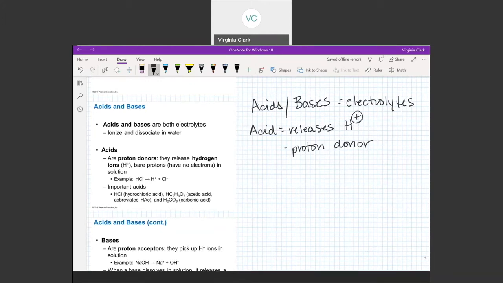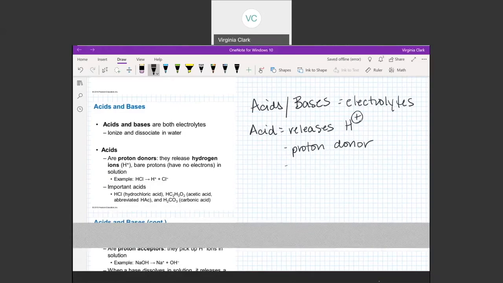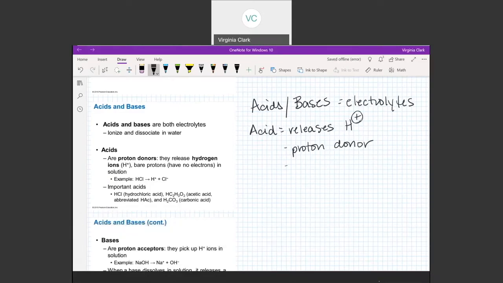So in water, acids are going to release this hydrogen ion. So how many hydrogen ions there are is going to determine the acidity. So the concentration of the hydrogen ions, how much there is. So when you see concentration, it is done with these brackets that go all the way around.